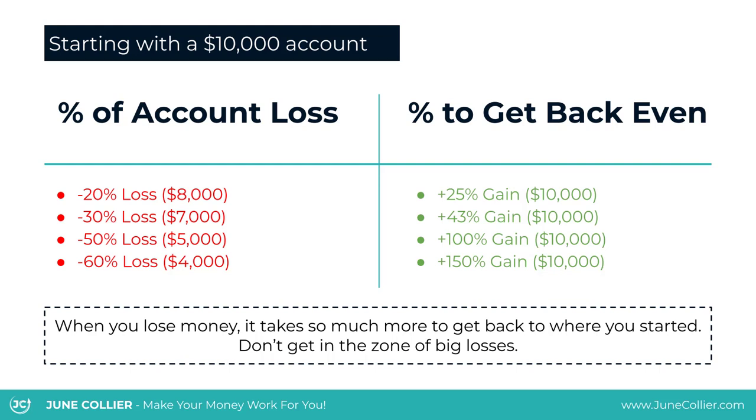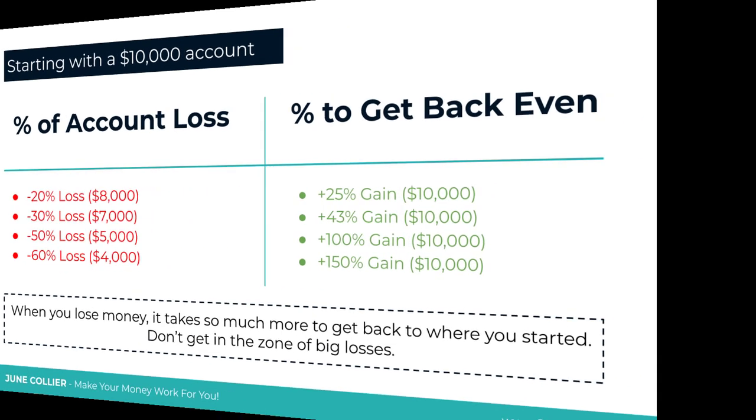If you lose 50%, it takes a 100% gain just to get back even. If you lose 60%, you will need to make a 150% gain just to get back even. The moral of the story, don't lose. And when you do, cut your losses early.